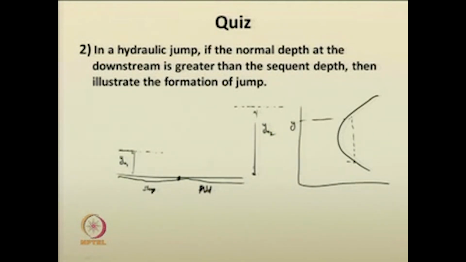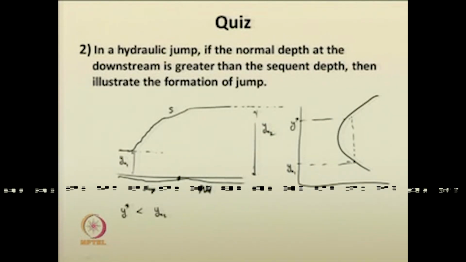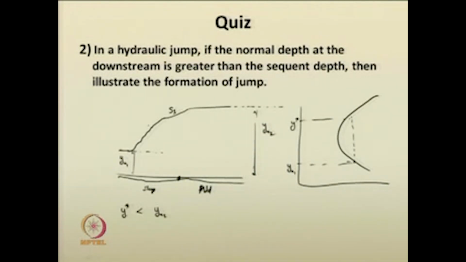See, this is the sequent depth for yn1 and y star is less than yn2. So, from here the jump occurs up to a height y2 and it follows an S1 curve, then the normal depth is followed. So, this is the S1 curve, this is the hydraulic jump, this is your yn2.